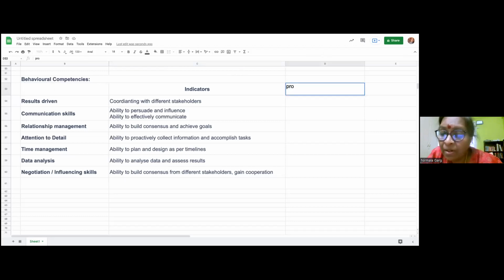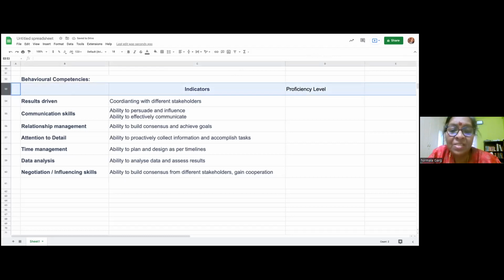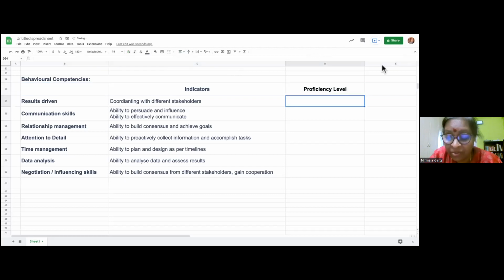This behavior, one training manager may be demonstrating building consensus from different stakeholders or gaining cooperation at a very low intensity level. Another training manager may be doing it at a high intensity level. Now, what is required by the superior performer, and what is actually done by the average performer, that becomes our benchmark for creating proficiency levels.